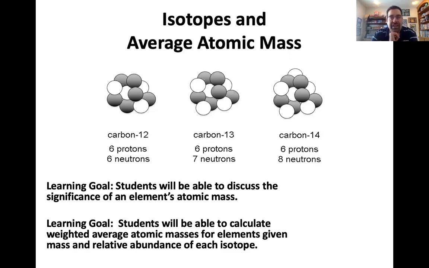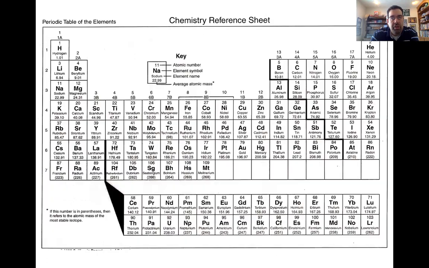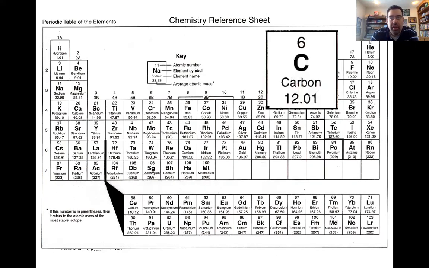Now, when you look at these mass numbers, 12, 13, and 14, one thing you'll notice when you take a look at the periodic table, and if you find carbon or any other element, is that the mass number there is not a whole number for most of these. Most of these are fractional or decimal numbers.